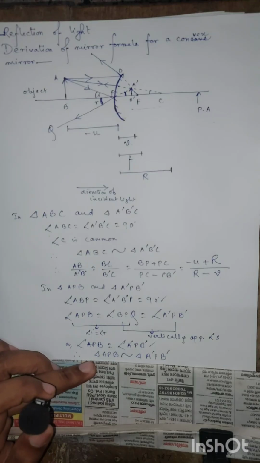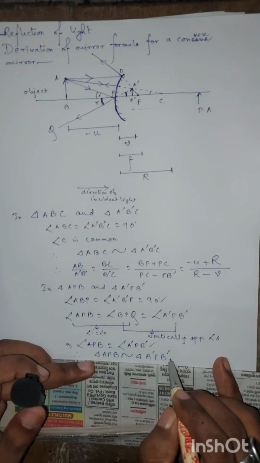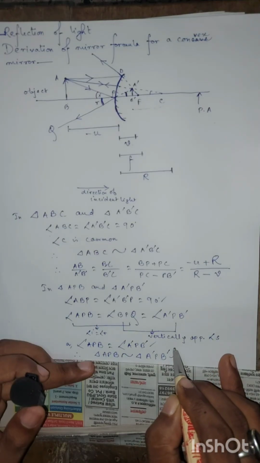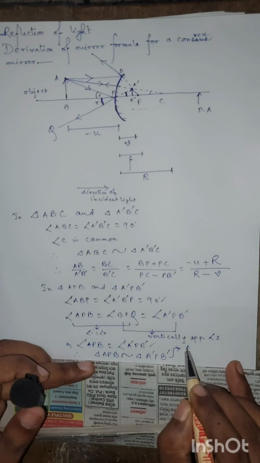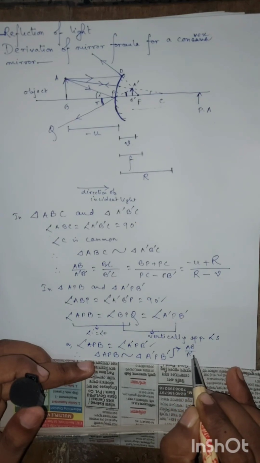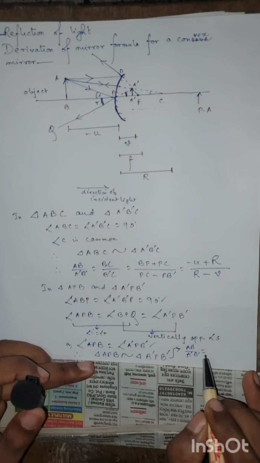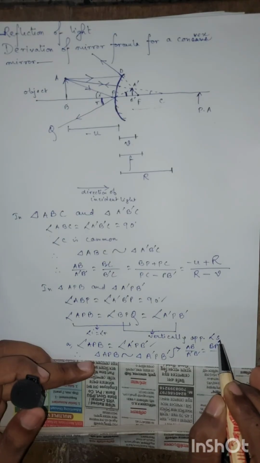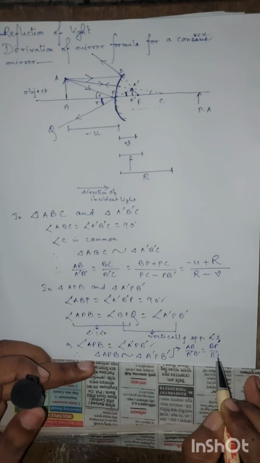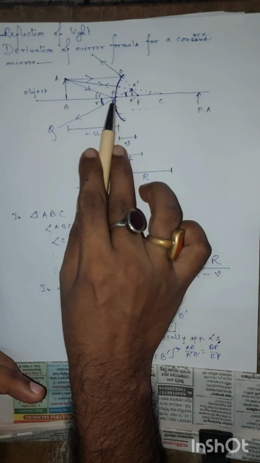When two triangles are similar, the ratio of corresponding sides will also be equal. So we can write AB by A dashed B dashed is equal to BP by B dashed P.